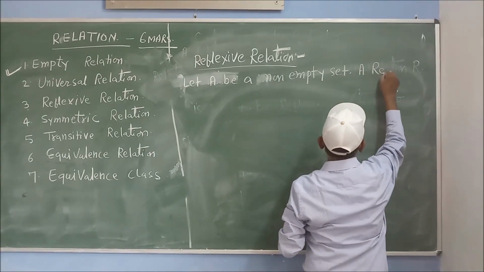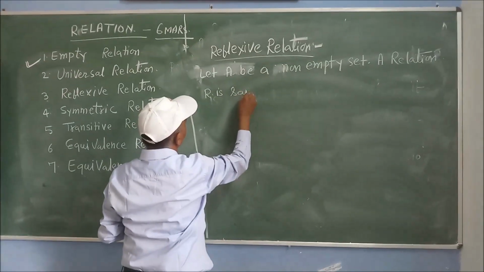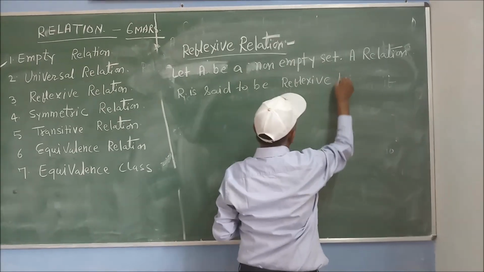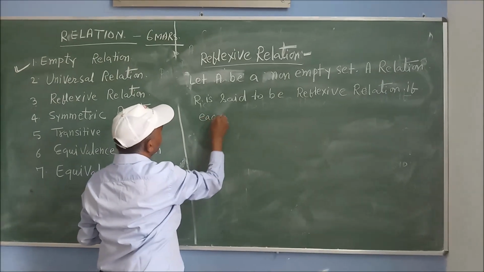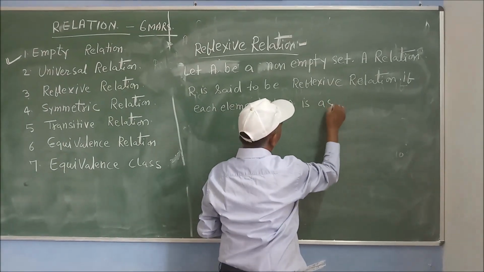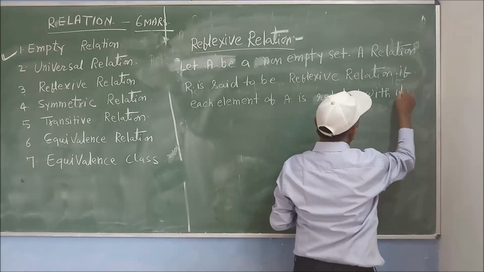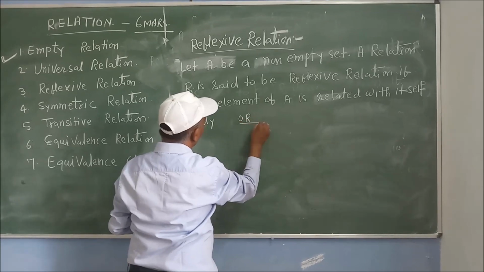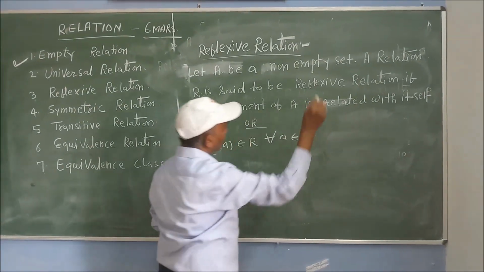A relation R is said to be a reflexive relation if each element of A is associated with, or is related with, itself only, or you can also say (a, a) belongs to R for all a belongs to A.